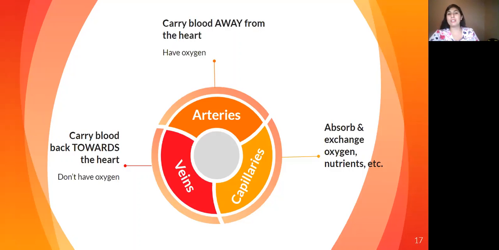Through that process, it starts with oxygen, then the oxygen gets absorbed, and then it returns to your heart without oxygen, and then at your heart, it sends it to your lungs, and then it gets oxygen again. So it's just one big circle, and your blood is just circulating and circulating inside your body. And that is one of the big things that makes it function.